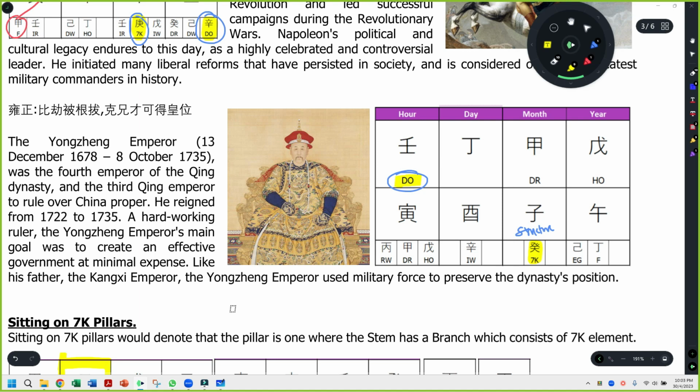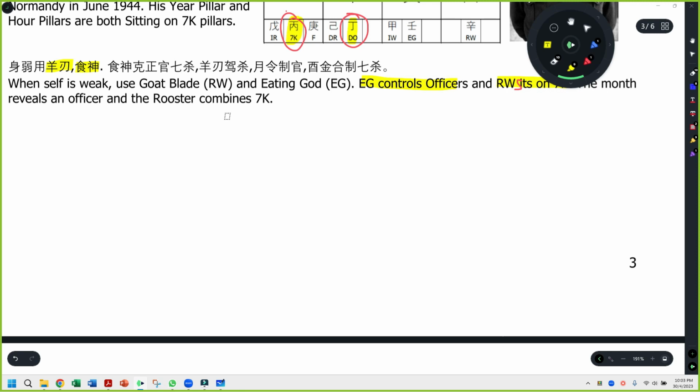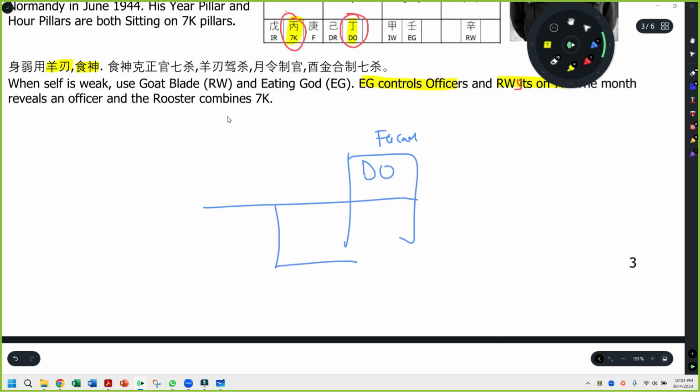And usually, of course, now, which profession do we normally consider when direct officer has a fasa, and seven killing has a structure? Usually, what profession do we consider?